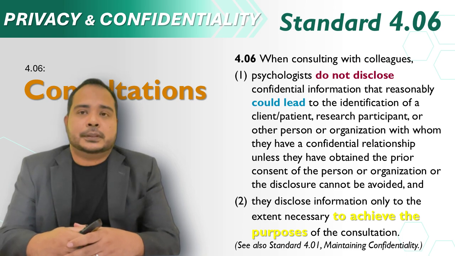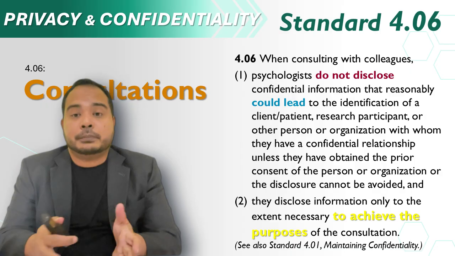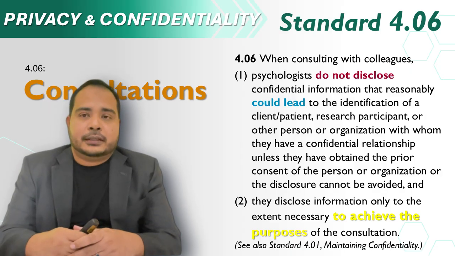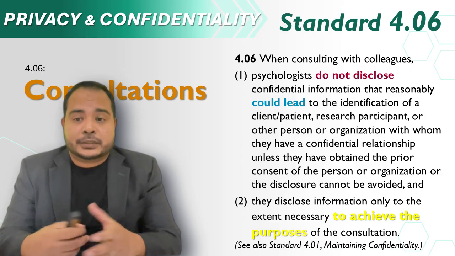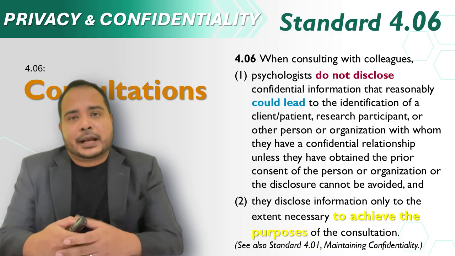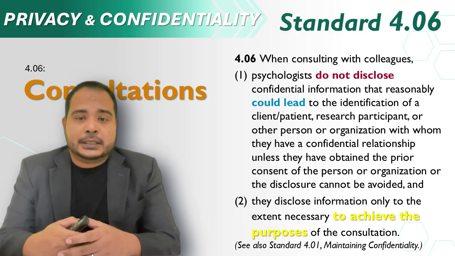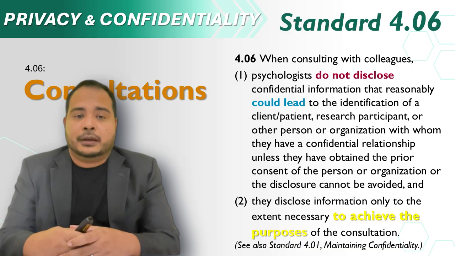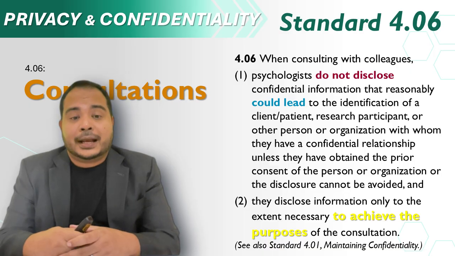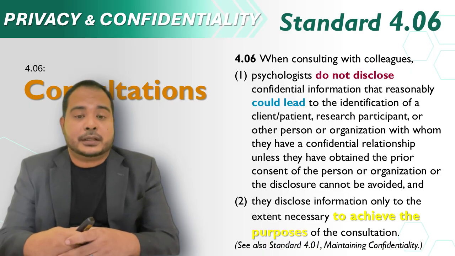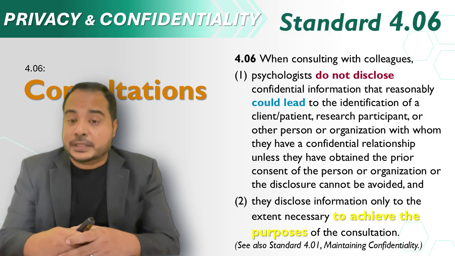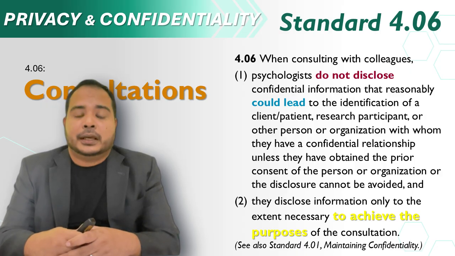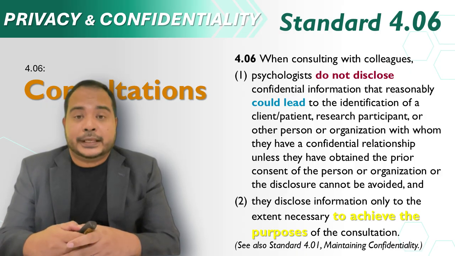So for example, if consulting about treatment planning for a client with a certain mental health condition, say depression, describing clinical symptoms and therapeutic concerns should always be prioritized. We must not share unrelated biographical information, personal history for example.